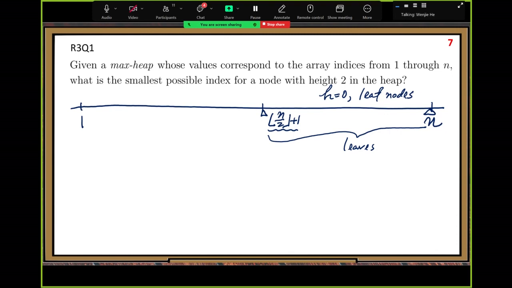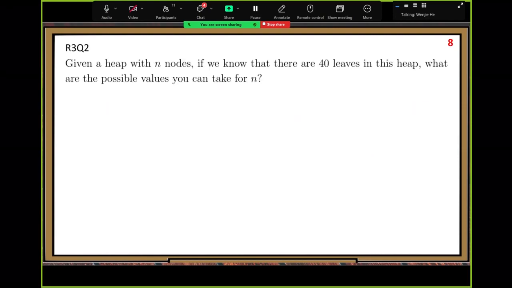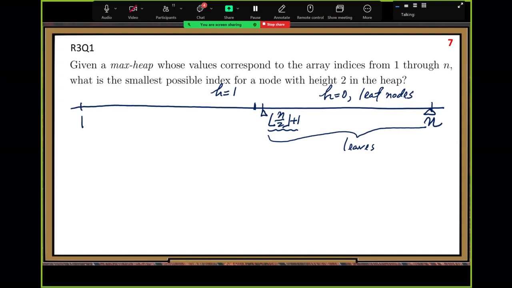Then, height 1. The next height 1 range has an upper bound and a lower bound. The upper bound is 1 fewer than the lower bound of the leaf range. So the upper bound is n over 2, floor function, this number.